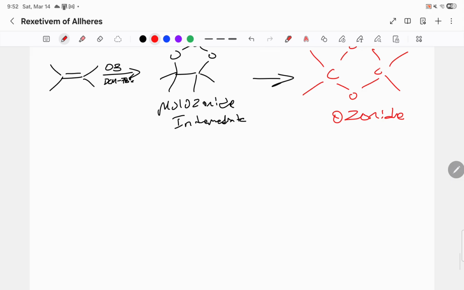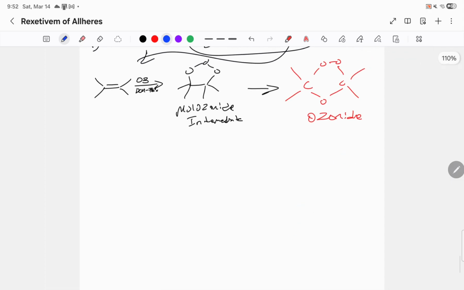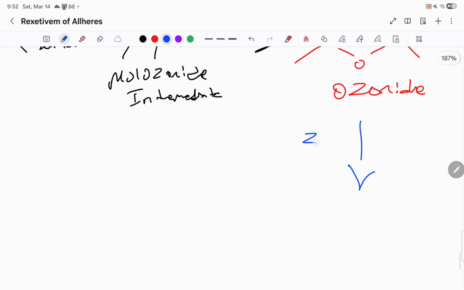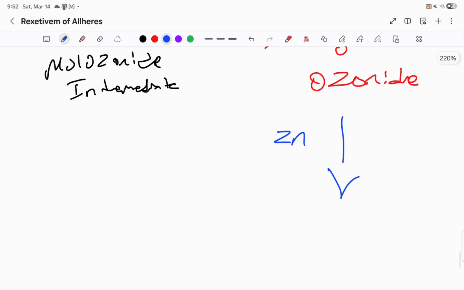And again, you should appreciate why we're not taking a look at the mechanism here. Now, using zinc, we are going to reduce this in glacial acetic acid or aqueous glacial acetic acid, CH3COOH.